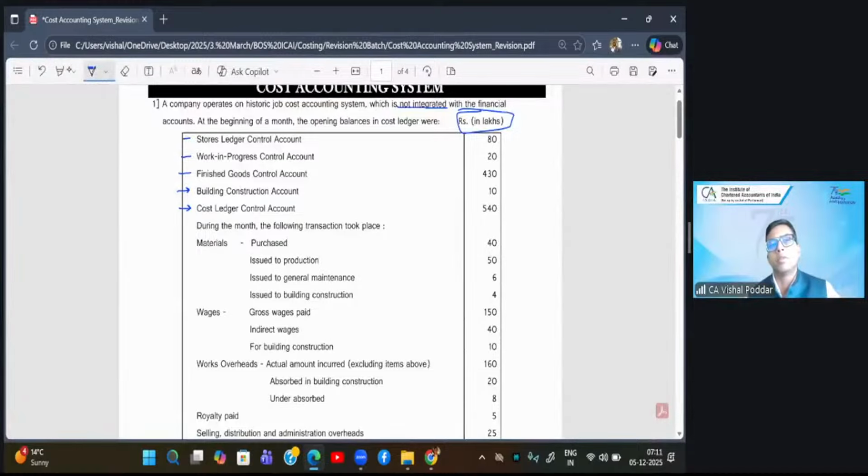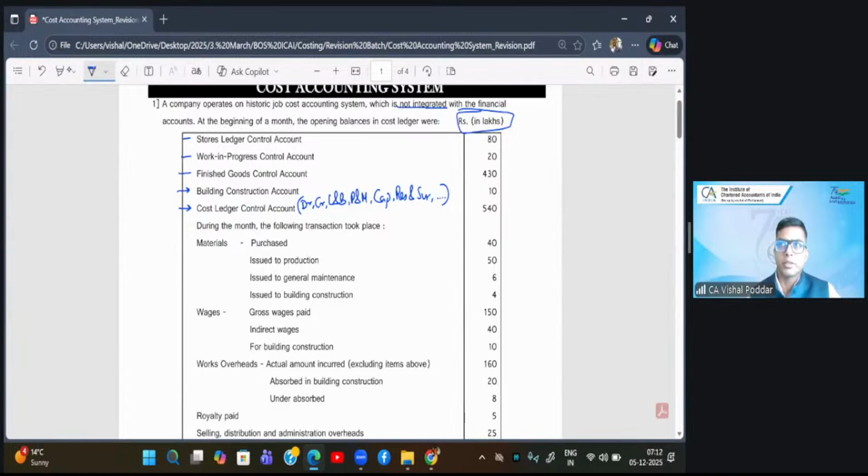Then you have the most important account in the non-integrated system, which is the CLC. I'm sure you all recall what it is. Just for revision purposes, CLC represents debtors, creditors, land and building, plant and machinery, capital account, all types of reserves and surplus accounts, all types of liabilities accounts like bank loan, etc. In short, the CLC account represents all the assets and liabilities except your stocks.